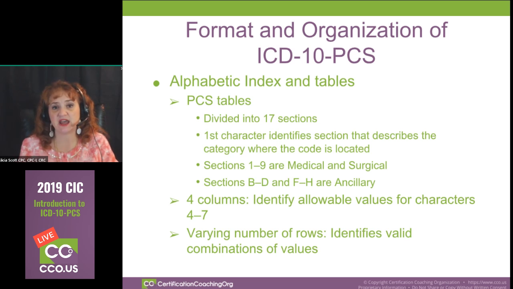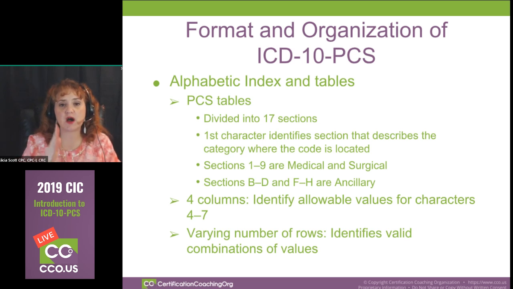There's psych and behavioral health, which has its own. You can see these in the manual. Next, you've got sections 1 through 9, which are med-surg codes. 0 is probably your biggest first character, and then it's divided up into med-surg 1 through 9, and then next you'll have ancillary, which would be B through D or F through H.